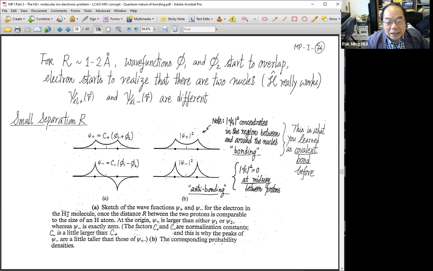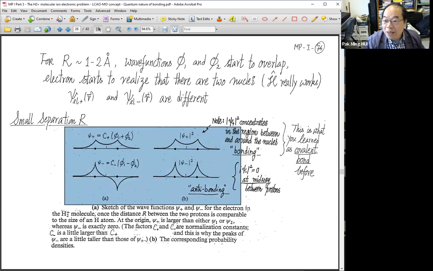Okay, now that is a key difference between the plus combination and the minus combination. This is called the bonding one. This is called anti-bonding. It's not encouraging bonding. This encourages bonding.